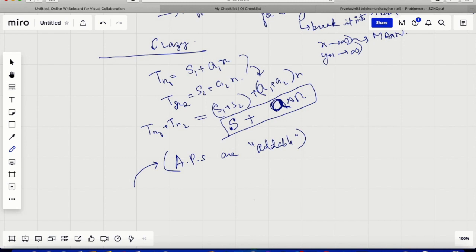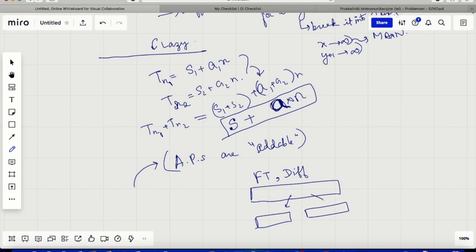Here's how we can do it. Let's say at a particular node, we know what the first term and the difference term are, and we want to lazily update the two children. Now one thing to note is, what is the sum of all the nodes in this particular range?